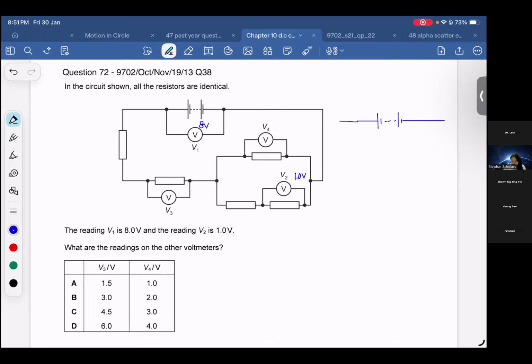If you feel the circuit is very complicated, dear, you guys can rearrange the circuit without the voltmeter.